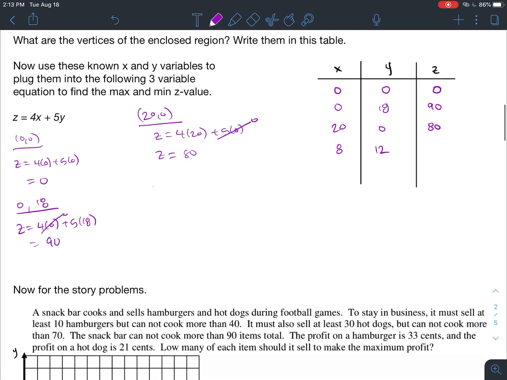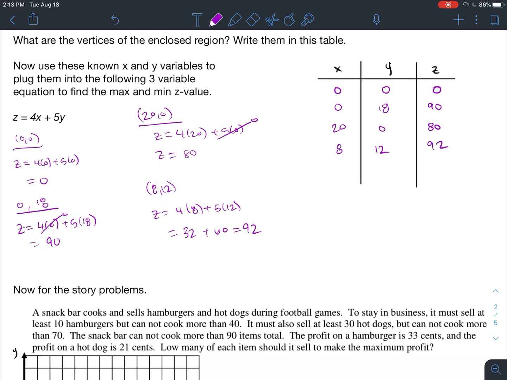And then for our last point, 8 and 12, z is equal to 4 times 8 plus 5 times 12. That's going to equal 32 plus 60, which is equal to 92. And so there you go.